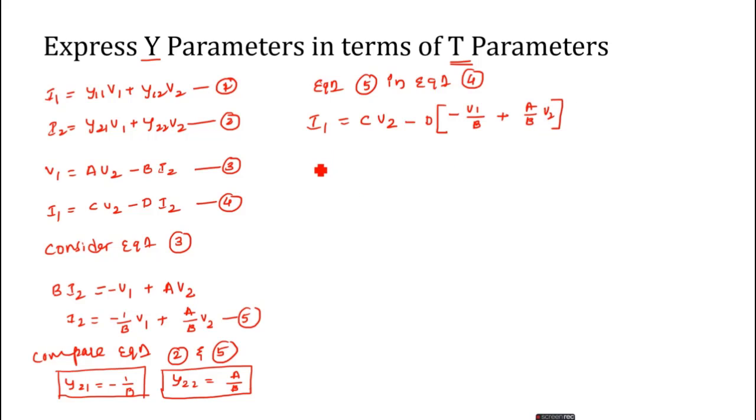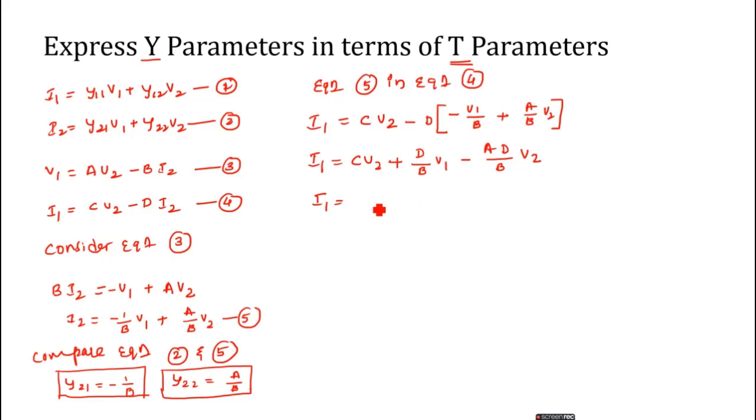Do simplify. C into v2 minus into minus plus d divided by b into v1 minus into plus minus a into d divided by b into v2.